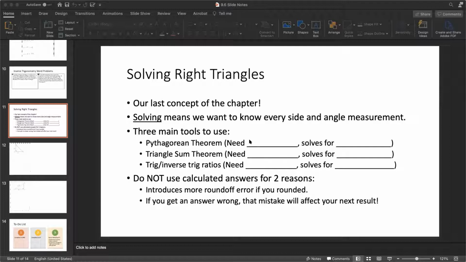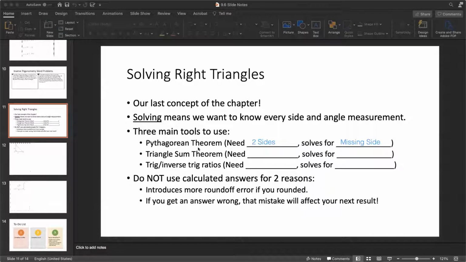We have a couple tools we can use. One of them is our Pythagorean theorem. The Pythagorean theorem, we need two sides, and it solves for the missing side. The next piece is the triangle sum theorem.